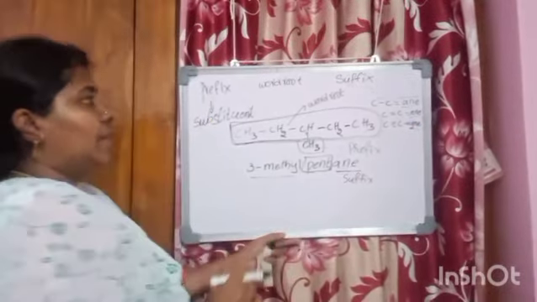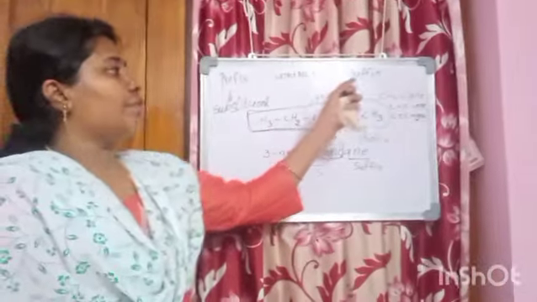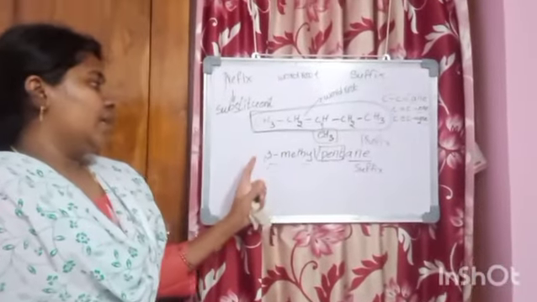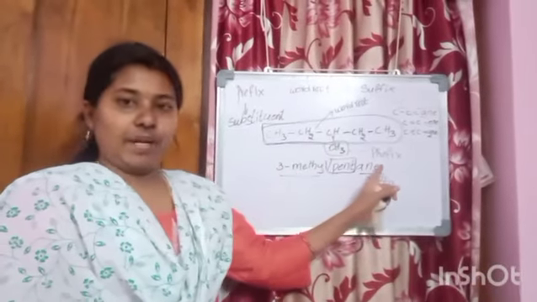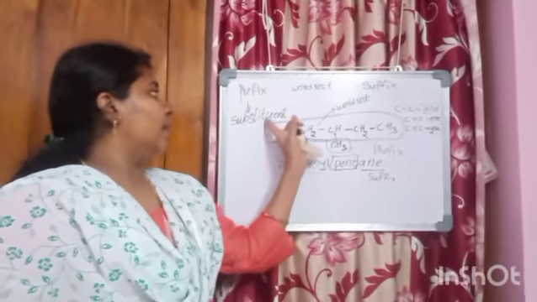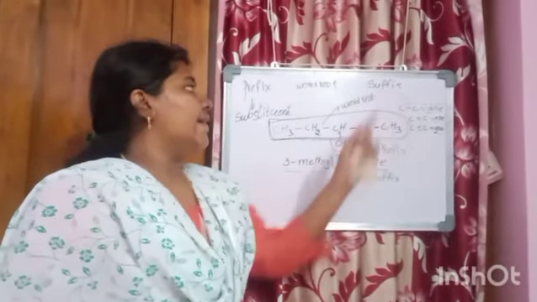Okay. Now you have clarity about what is prefix, word root, and suffix. Now you know what is the 3-methyl pentane structure. I took this example for prefix, word root, and suffix.